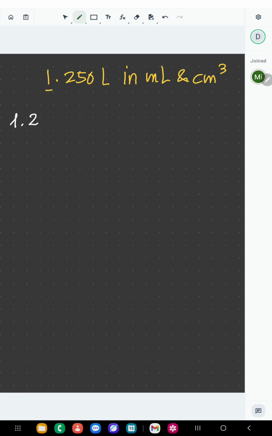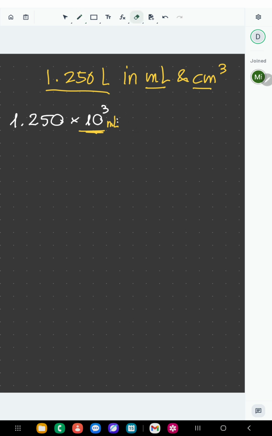Can you convert 1.225 liters to ml and into cubic centimeters? Oh, what did you get the 10 negative 3? Okay, so this is, yeah, this is already in milliliters. Yeah, so the answer is only that one.